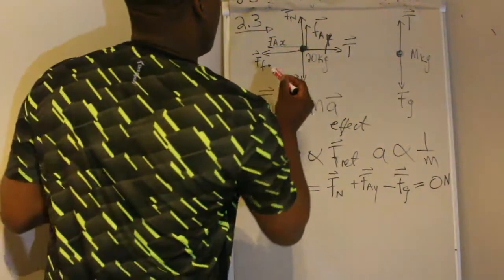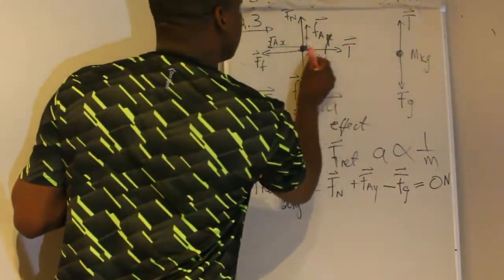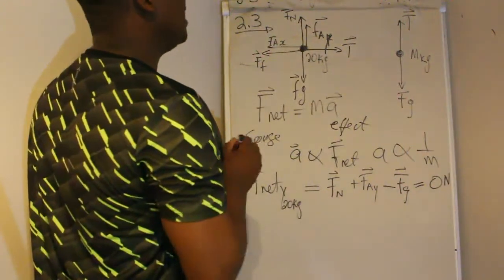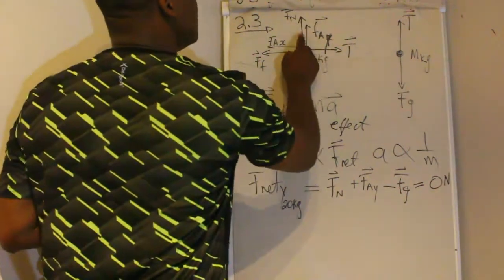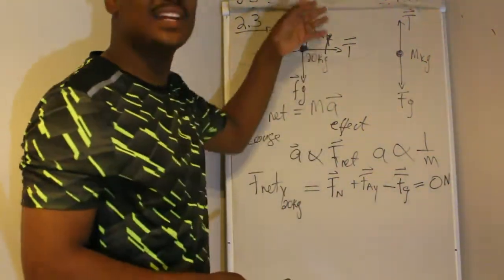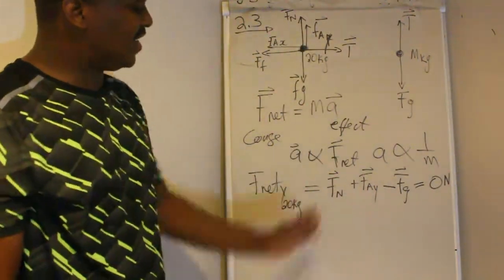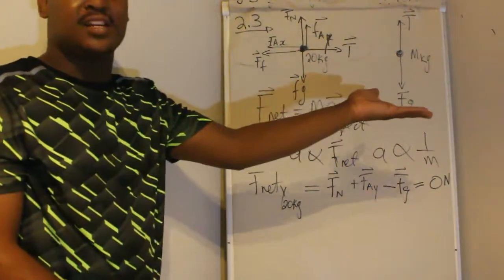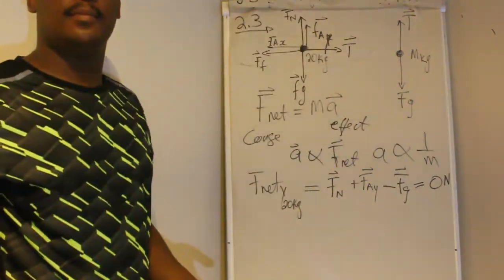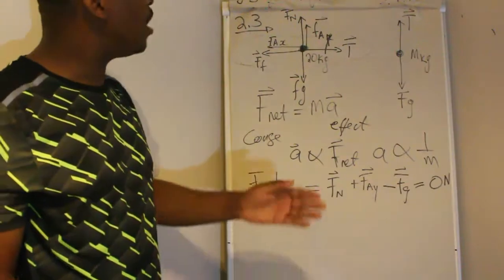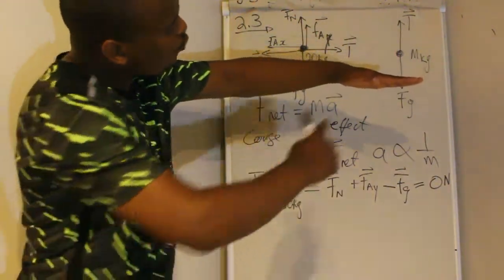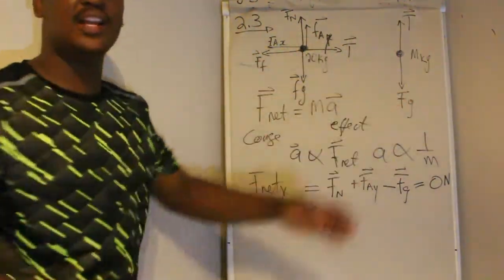Only focus on these horizontal forces and leave the others alone. You don't need them because they cancel out, since you don't have motion there. But if you have motion in both directions, then you will use all of them. Now your motion is only horizontal, so focus on the horizontal forces only.